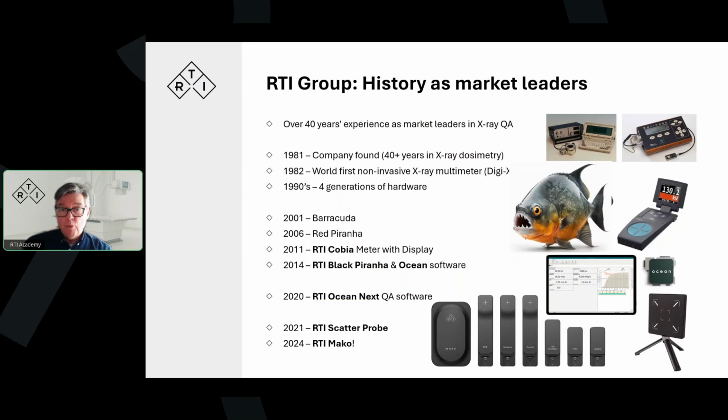You may wonder, why do we call it Piranha? Well, it traces back to the time with the Barracuda, when we thought we'd have an aggressive name for a very powerful tool. After that, of course, we had the Piranha, which is also quite a powerful fish.